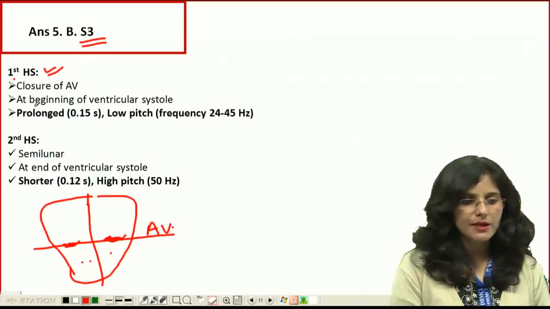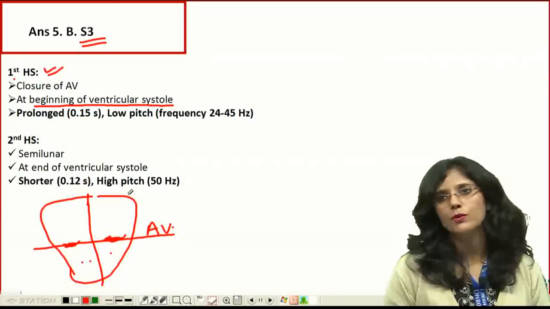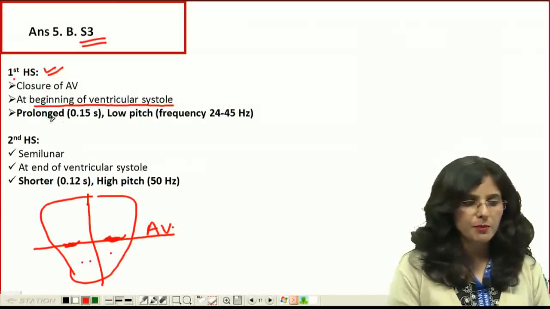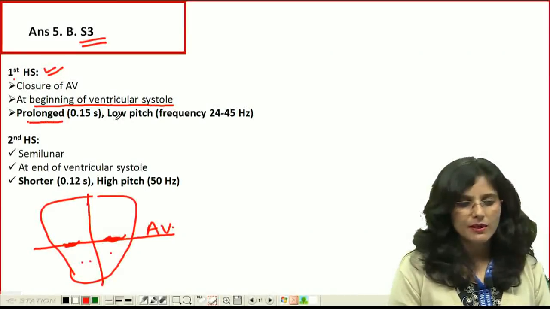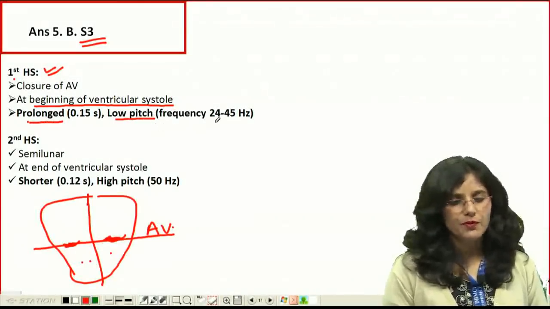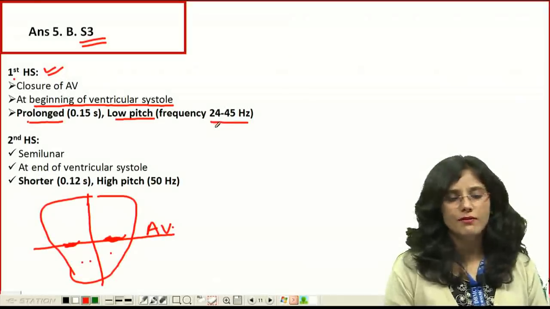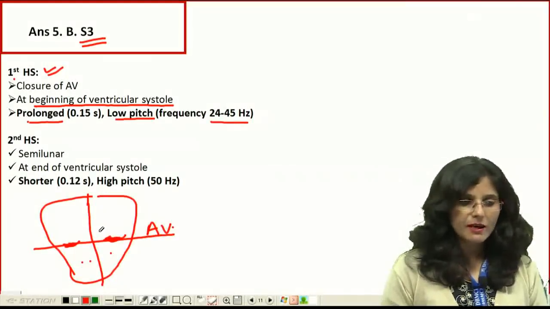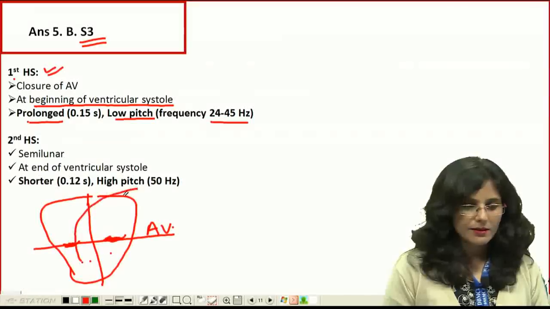So it is the beginning of ventricular systole. This sound is prolonged, but it is a low pitch sound, having frequency 24 to 45 Hz.